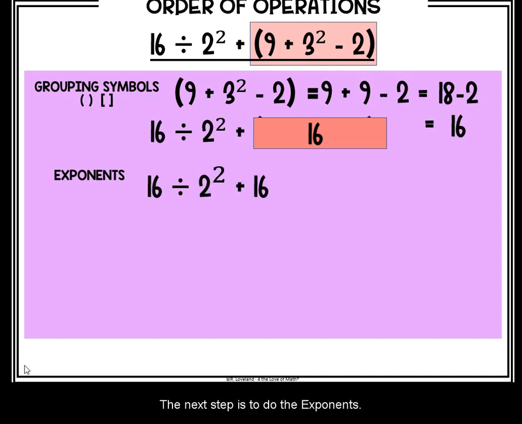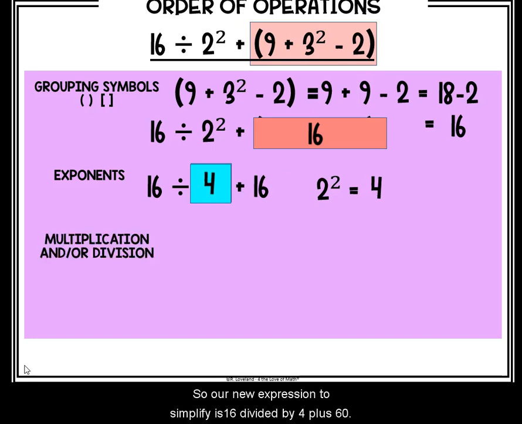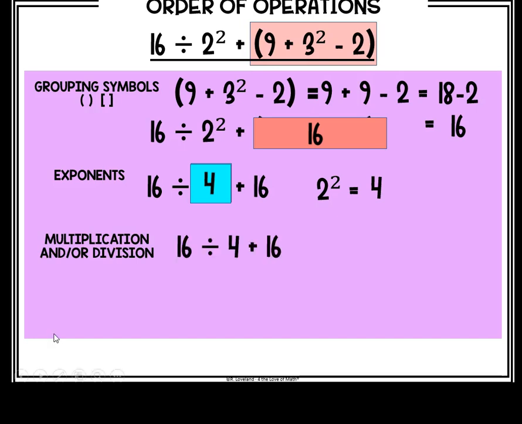So our next step is to do the exponents. 2 squared is the exponent part of this expression. 2 squared is going to be 4. We're going to replace 2 squared with 4. So our new expression to simplify is 16 divided by 4 plus 16. Our next step is going to be multiplication and division, so we have division here.